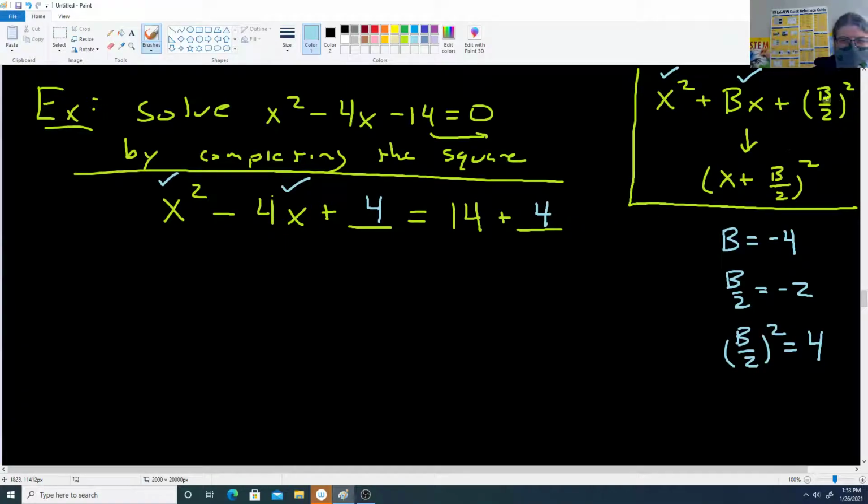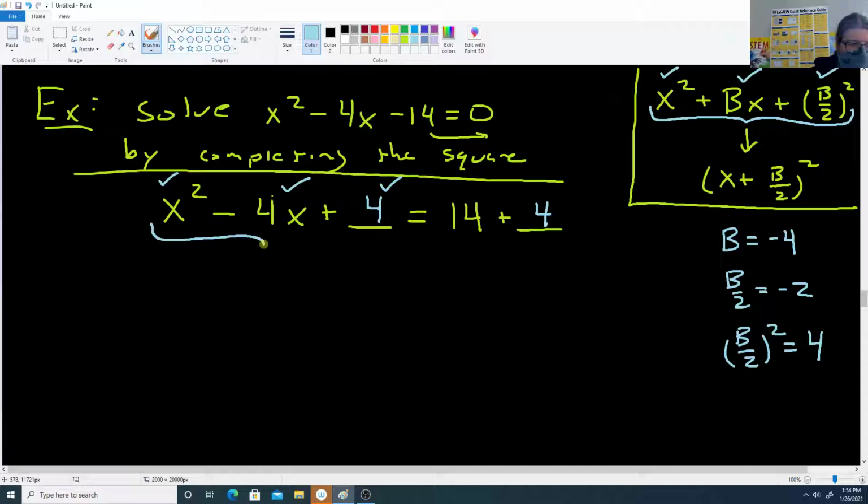And now when I check this, (b over 2) squared here, that's 4. I have a 4 there. So now my x squared term matches up, my bx term matches up, and my (b over 2) squared term matches up. So basically now this top part here can factor down as (x plus the b over 2 value) squared.